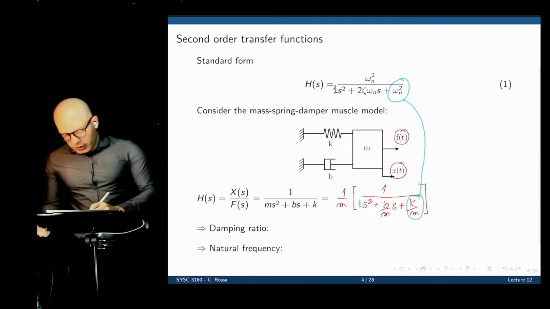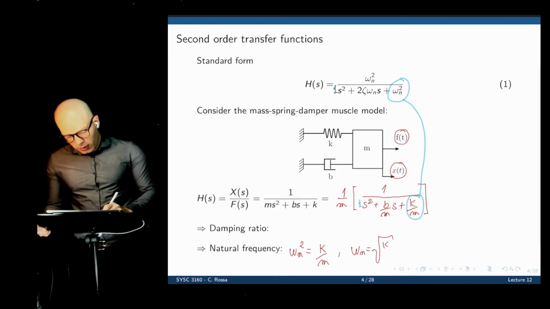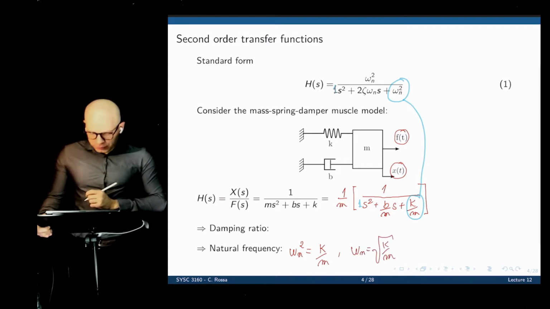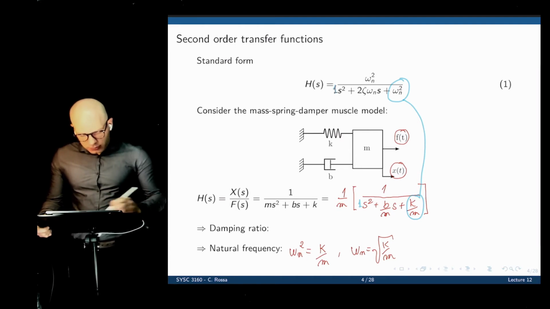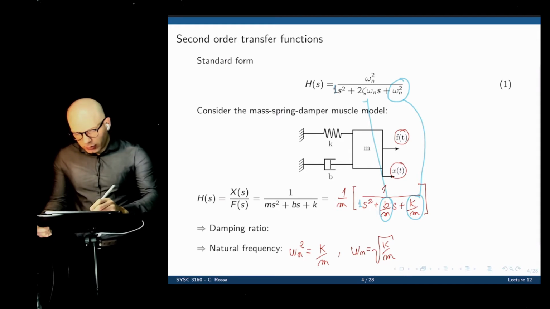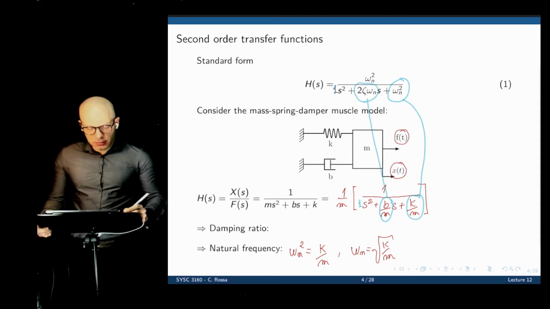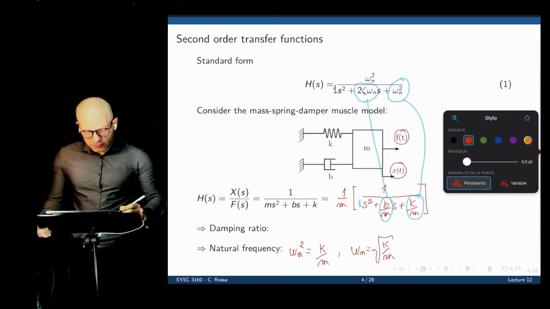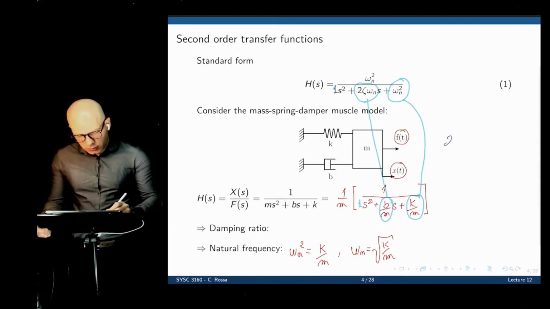So now we can equate all the elements. So omega n squared is equal to k over m. Omega n is the square root of k over m. And for the damping ratio, we can equate this part that multiplies s with everything else that multiplies s here. And there we have 2 zeta omega n equals b over m.